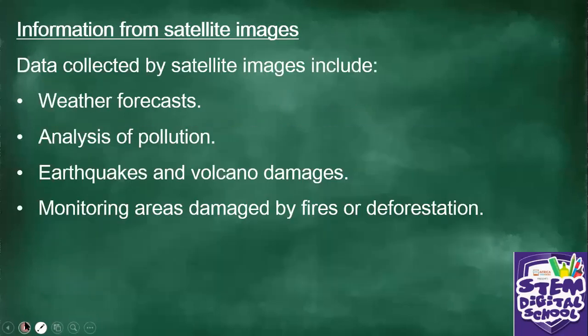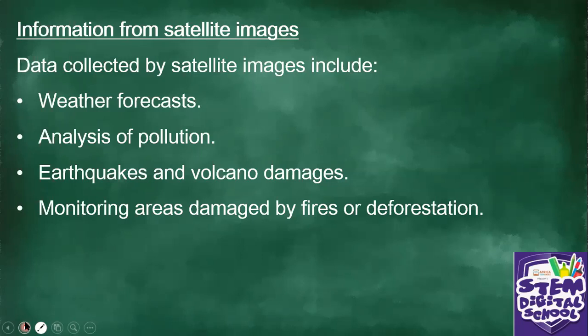And then we look at the information that is collected from satellite images. This data collected by satellite images includes weather forecasts. So when they're checking the weather, they use what? Satellite images. Analysis of pollution.